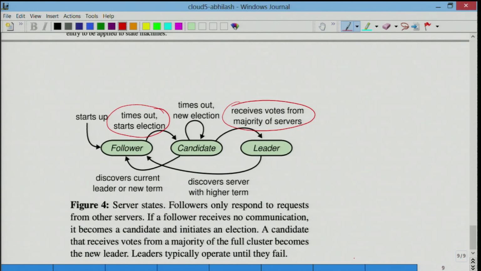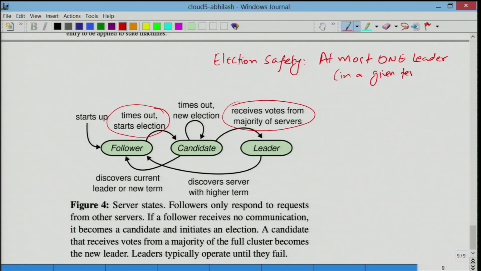Okay, so one thing we would want is what the paper calls election safety. That we should have at most one leader, right? In a given term, we will define term in a moment.